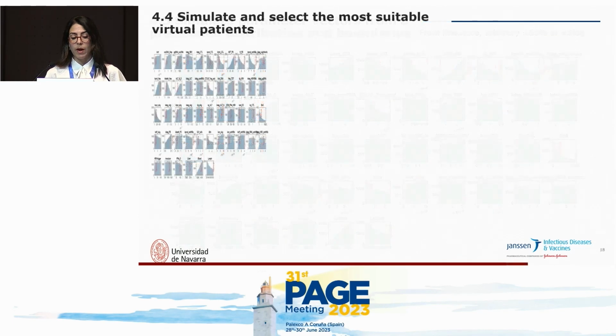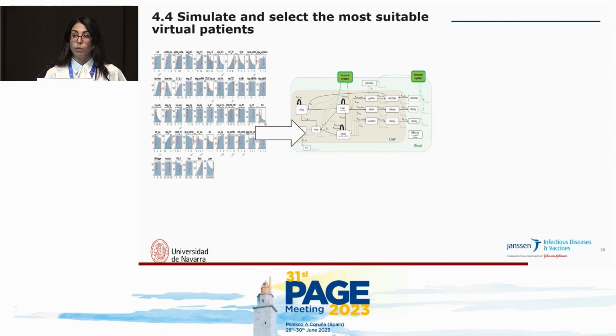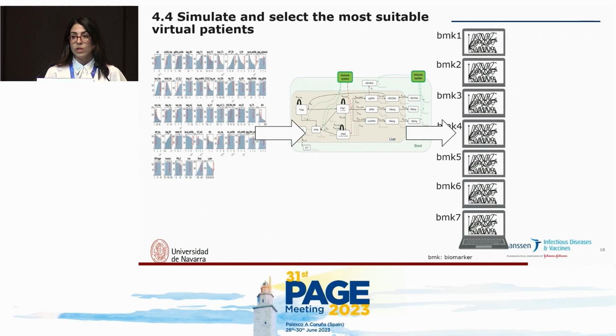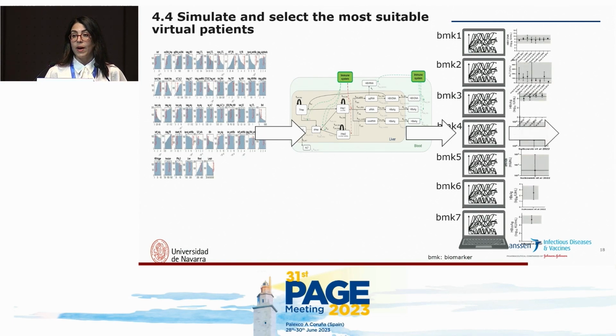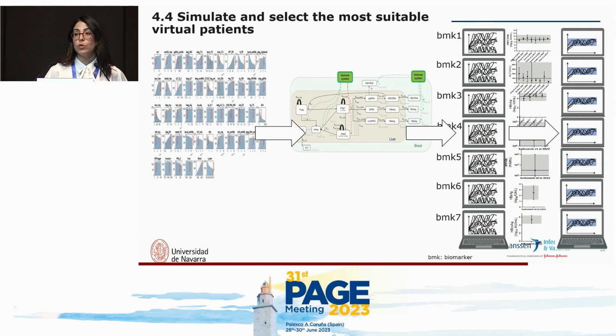So this set of parameters feeds the model, and through simulations with the model over a period of 6 years, we obtain thousands of profiles of each, let's say, potential virtual patients for each biomarker. Then, applying the criteria of the pathophysiological range of each biomarker, we filter and select the most suitable virtual patients according to the first criteria.